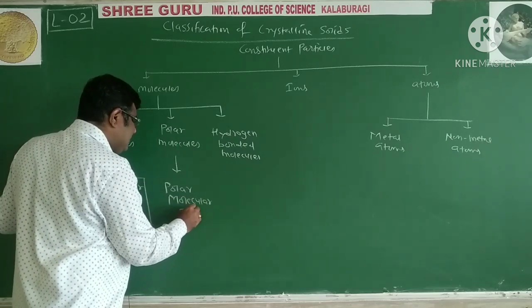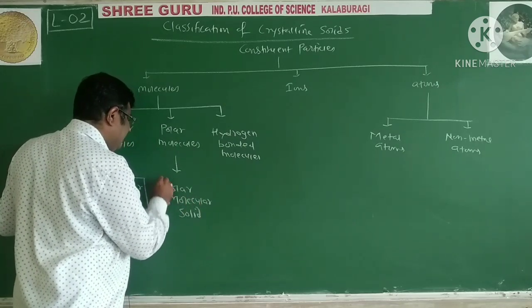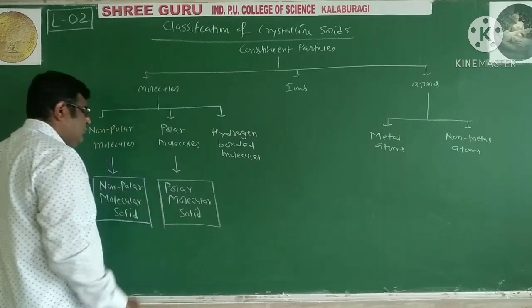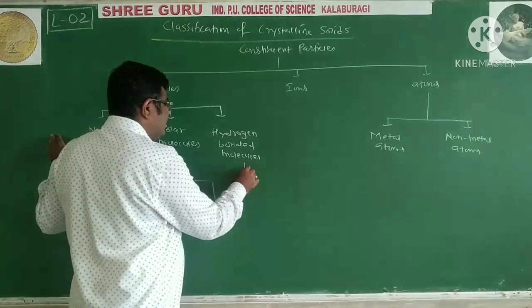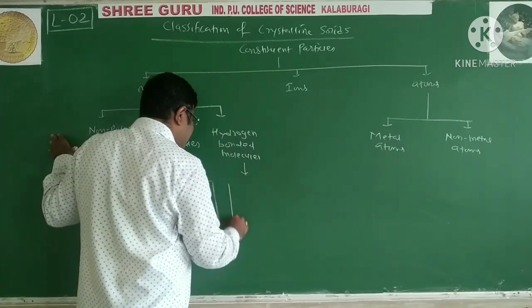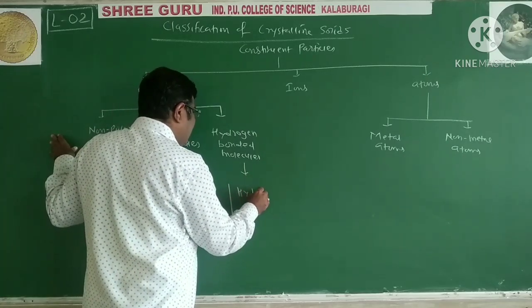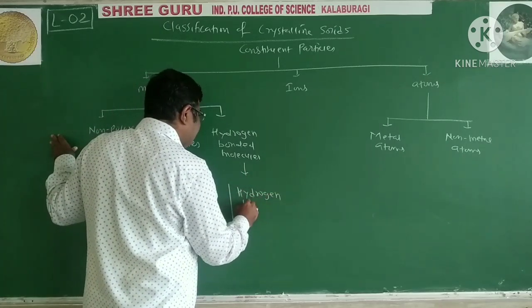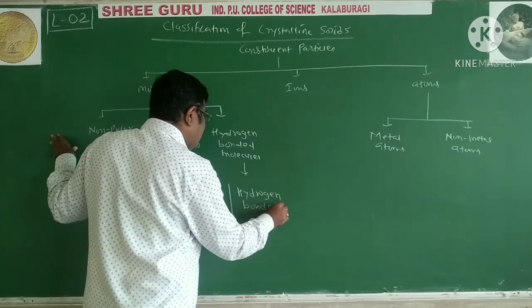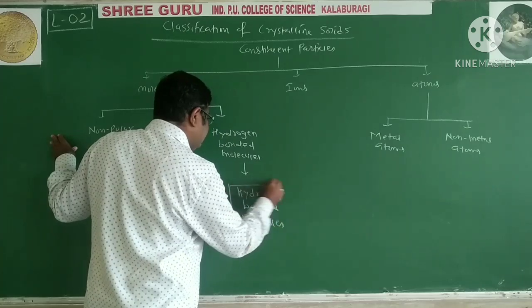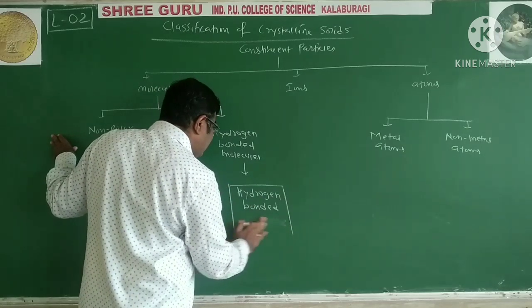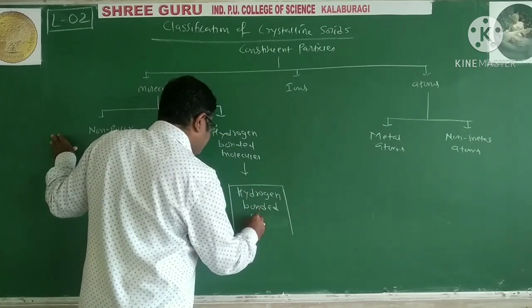We will see the examples and properties later. First we are learning how they are classified. And when hydrogen bonded molecules are there, we call it a hydrogen bonded solid.